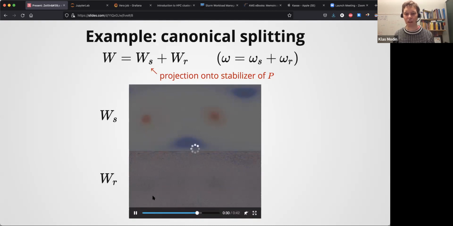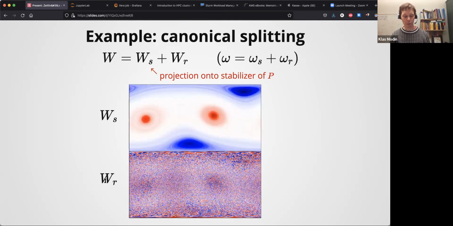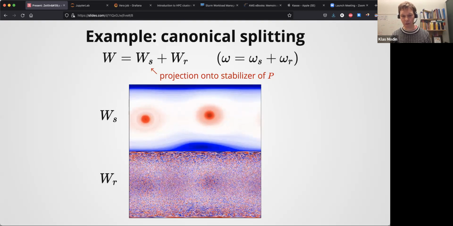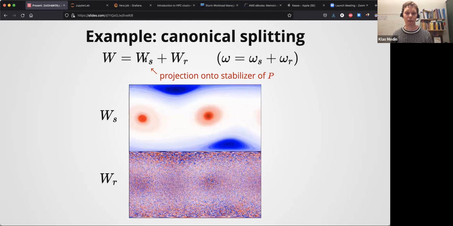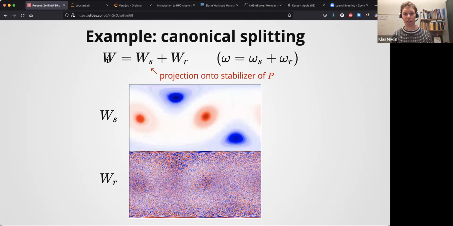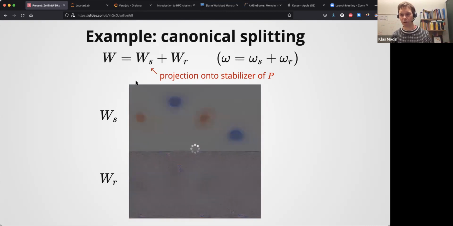That tells you something, because for one thing, if you want to reach an equilibrium, so a steady solution to the Euler equations, a requirement, if you want that equilibrium to hold at each scale, then the requirement is that WR is exactly equal to 0, right? So in fact, what this tells you is that W is equal to WS if and only if W is actually a steady solution.